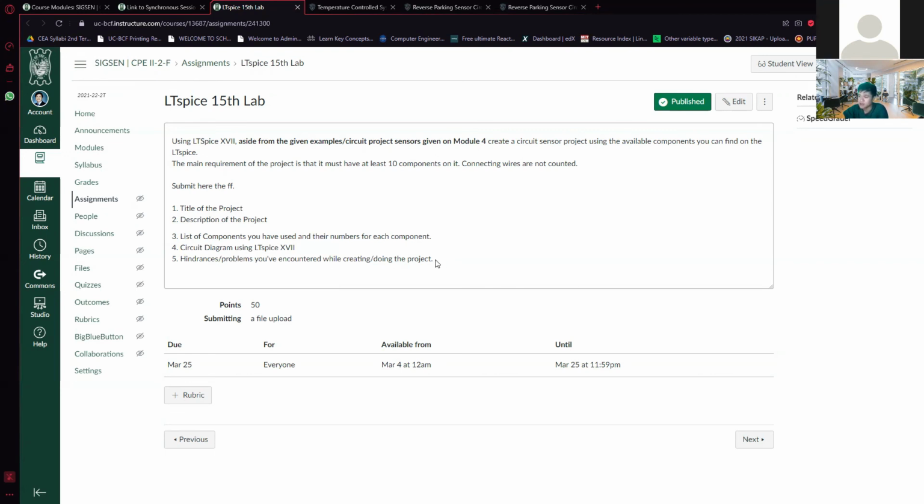You can do this on Microsoft Word, except for the circuit diagram. You can just use the snipping tool and then paste your circuit diagram on the Microsoft Word and then send it here as a file upload.